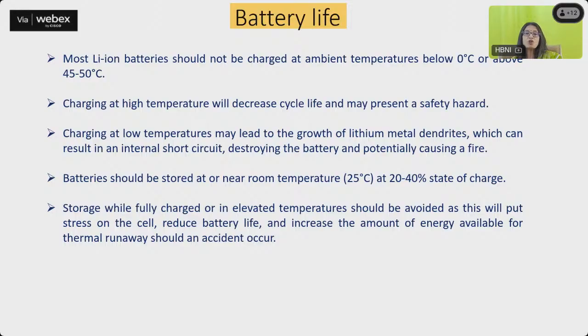But normally, when we talk about battery life, we talk about specific capacity. You have a specific capacity which you have designated, and your battery should ideally have this much capacity. But when you keep on charging and discharging the battery, it keeps on losing capacity after a few cycles, obviously, because the efficiency is not always 100%.